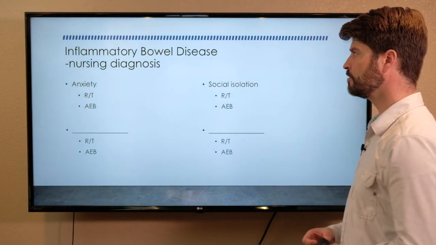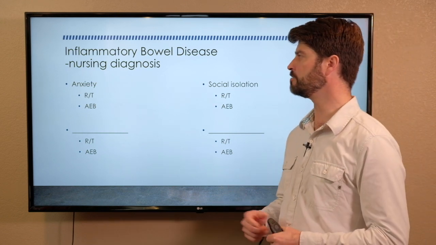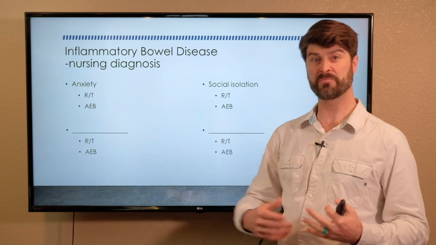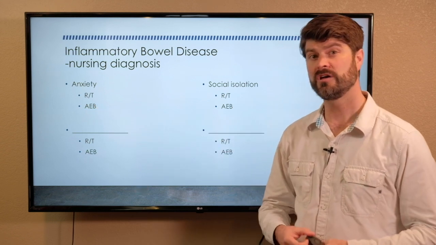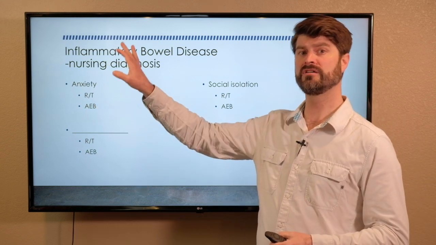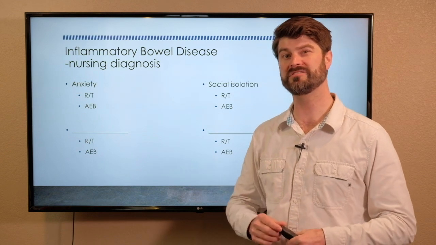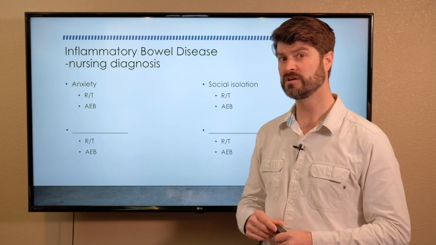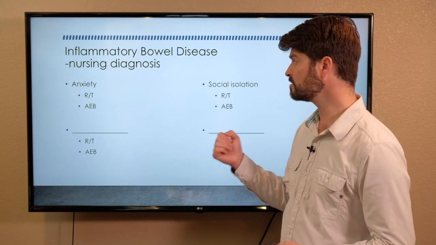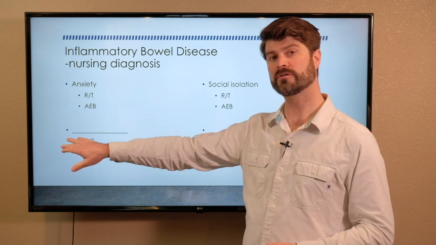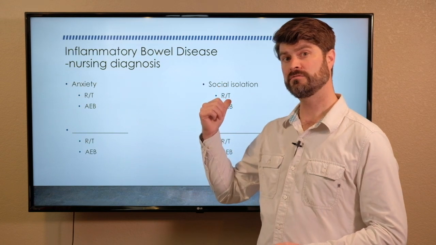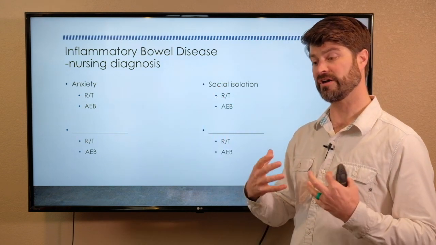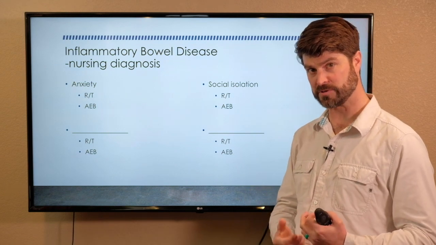So nursing diagnoses that we're going to be dealing with for inflammatory bowel disease, anxiety is one. So there's a big psychosocial component associated with the chronic nature of these inflammatory bowel diseases and the frequency of stooling that patients are going to experience as a result of having these diseases. Fear is another big one. Social isolation, absolutely. Also pain. These are all like cramping disorders of the abdomen.